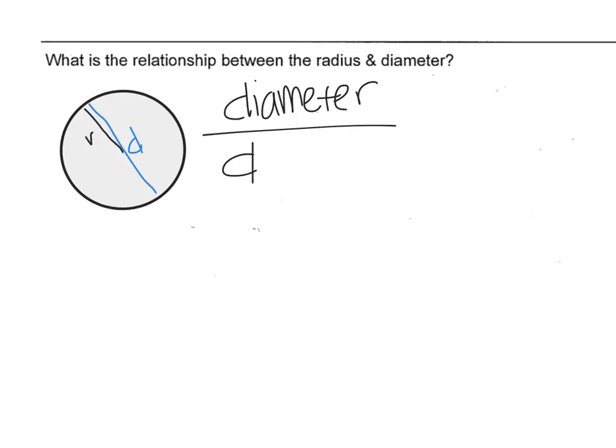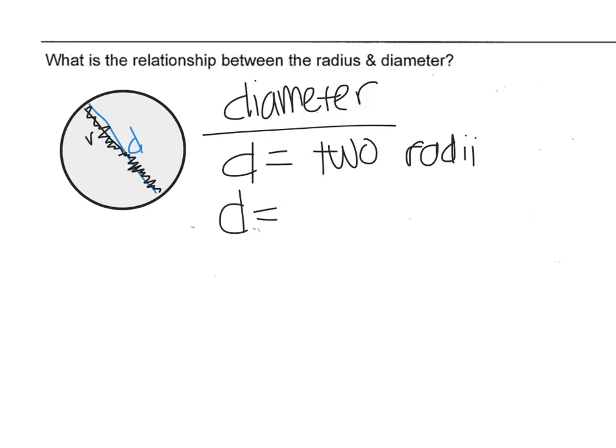If I put two radiuses together, which is called radii when there's two of them, there would be one, and this would also be a radius, just going in a different direction. So there's two of those. So really the diameter can be found by taking 2 times whatever the radius is.